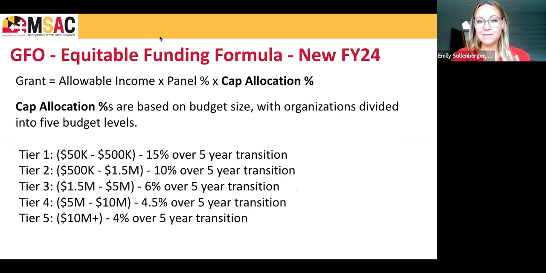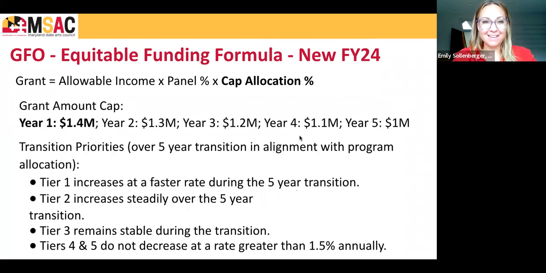And this was determined through a public editing process that we had last year of different panelists, experts, and those with different experience across the arts sector to help us get to this point. Okay.